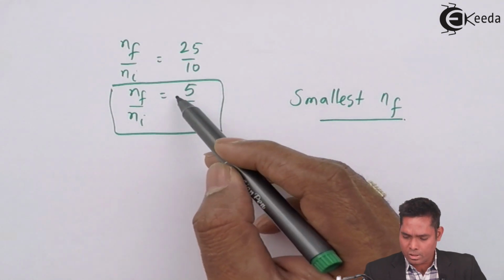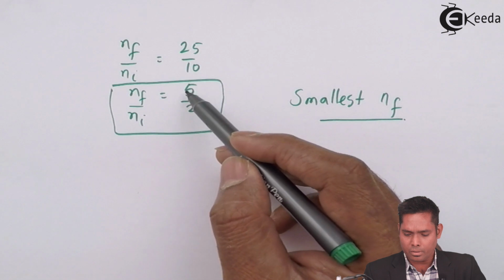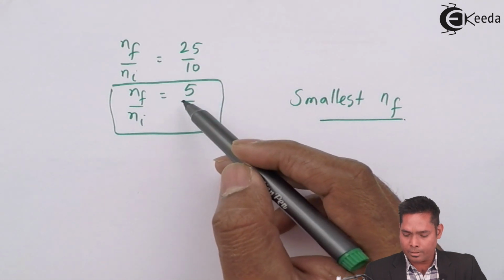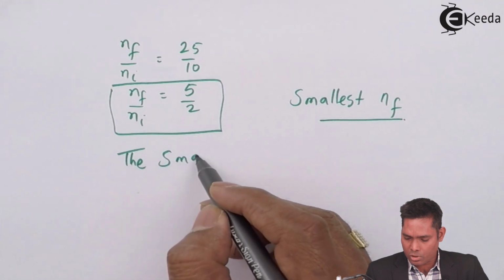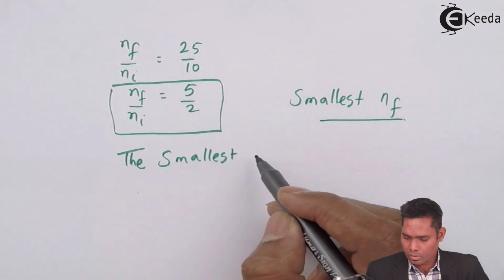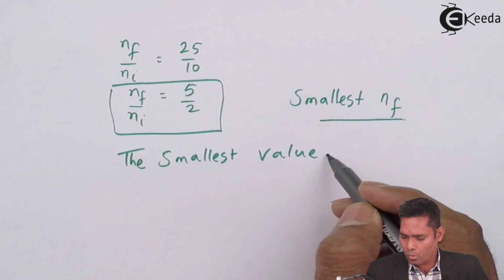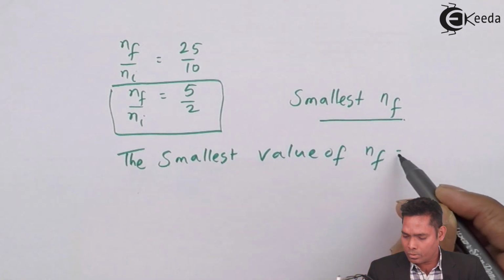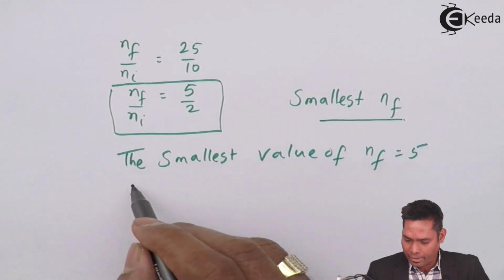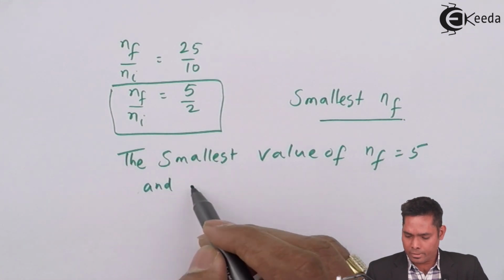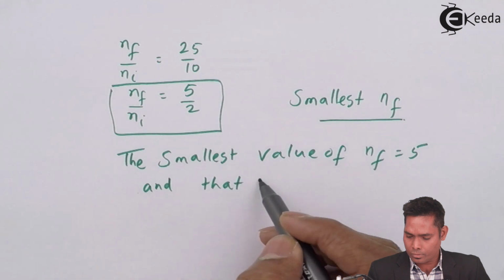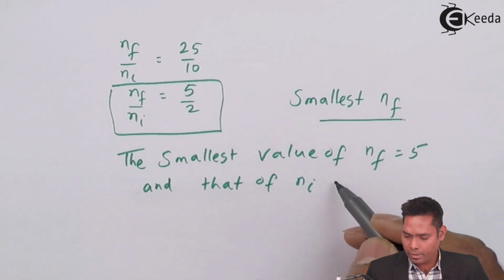So obviously this itself is the smallest number, and therefore the smallest value of Nf should be 5, and that of Ni is 2.